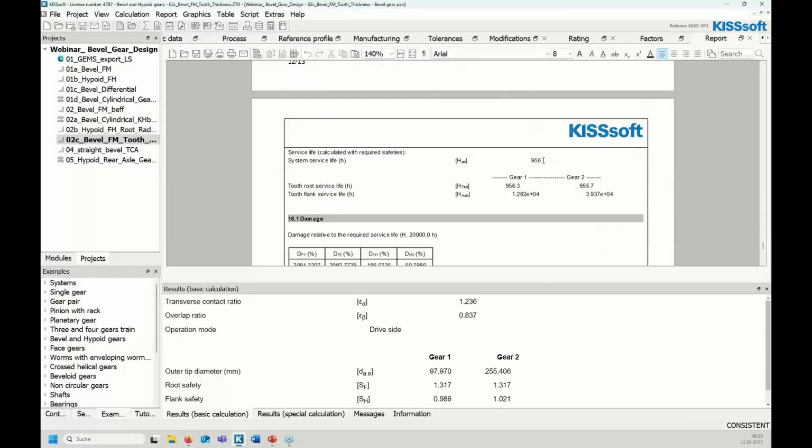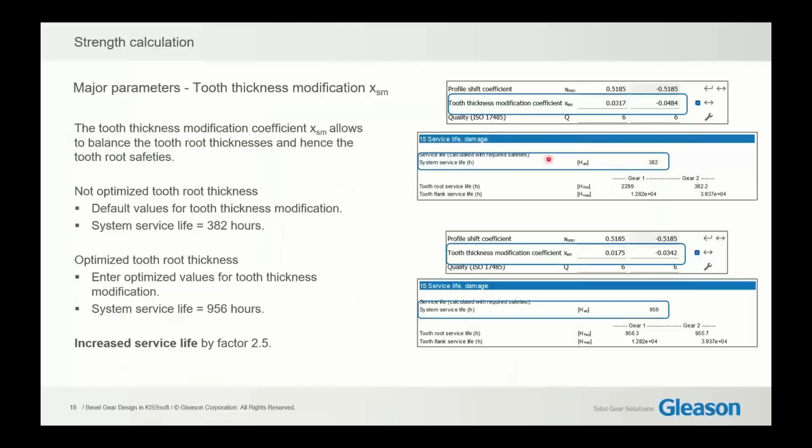The system service life has increased to 950 hours because of the increased service life of the wheel. This is an improvement of almost a factor of 2. So you see this change made a big effect on the service life.